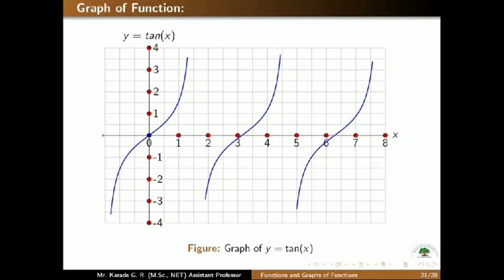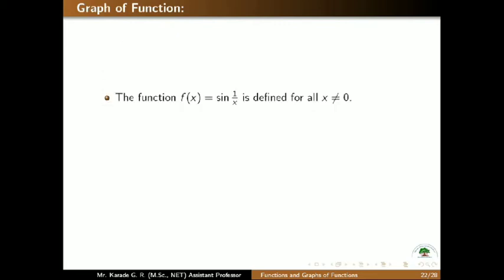So that is all about the tan function, and now we will see the function f of x equal to sine 1 by x, and it is defined for all x which are not equal to 0. The value of f of 0 is not defined.